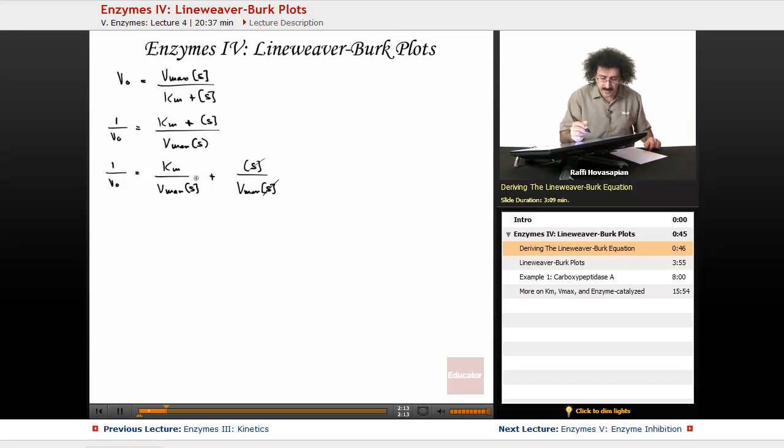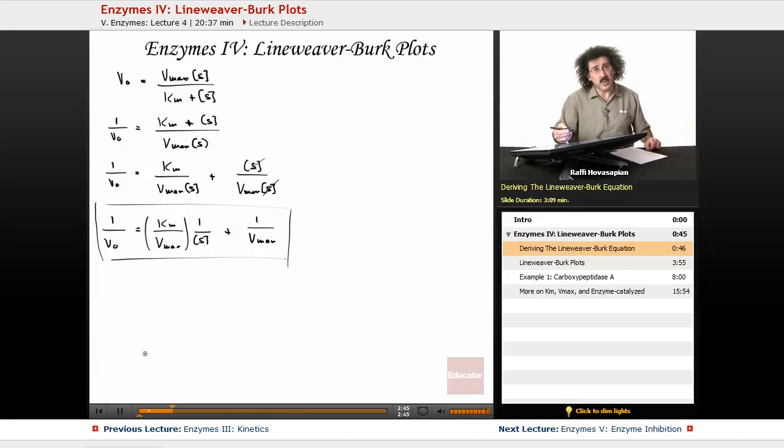Let me rearrange this. This term right here is the same as Km over Vmax times 1 over S. So I end up with 1 over V0 equals Km over Vmax, let me put that in parentheses, times 1 over S plus 1 over Vmax.